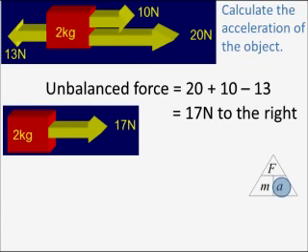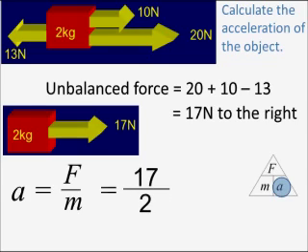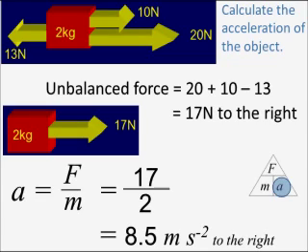So again, a is F over m. Substitute the force, but remember it's the resultant force, so 17 divided by the mass, which is 2, and that is 8.5. So a, acceleration, 8.5 meters per second squared. And here, seeing that you know the direction, add it, so to the right.